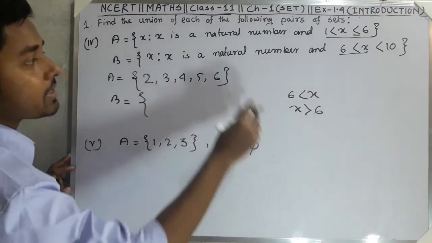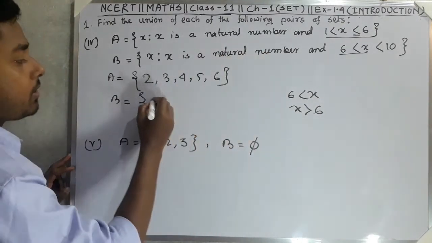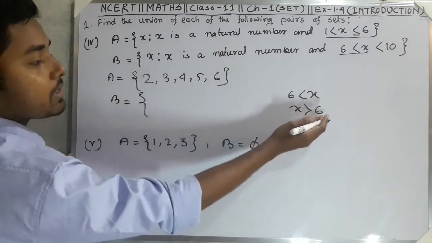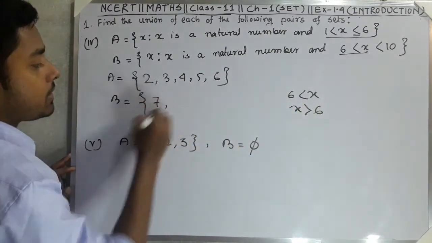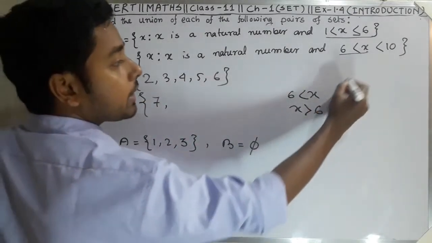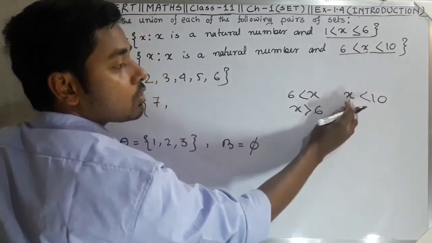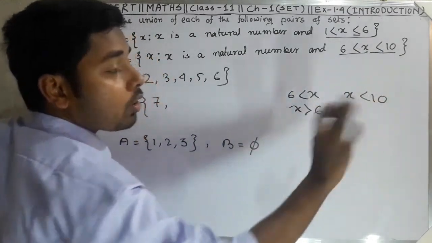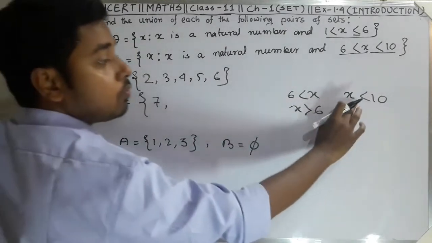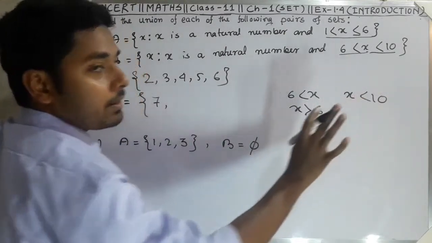So the natural number greater than 6 is 7. And how far do we have to take? Take the second part, x less than 10. That means x will be below 10 but not equal to 10. That means we should take till 9.